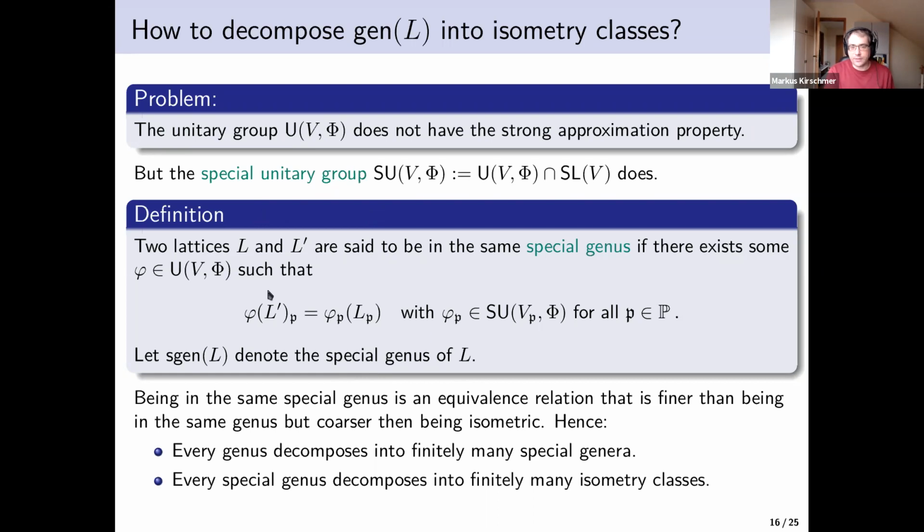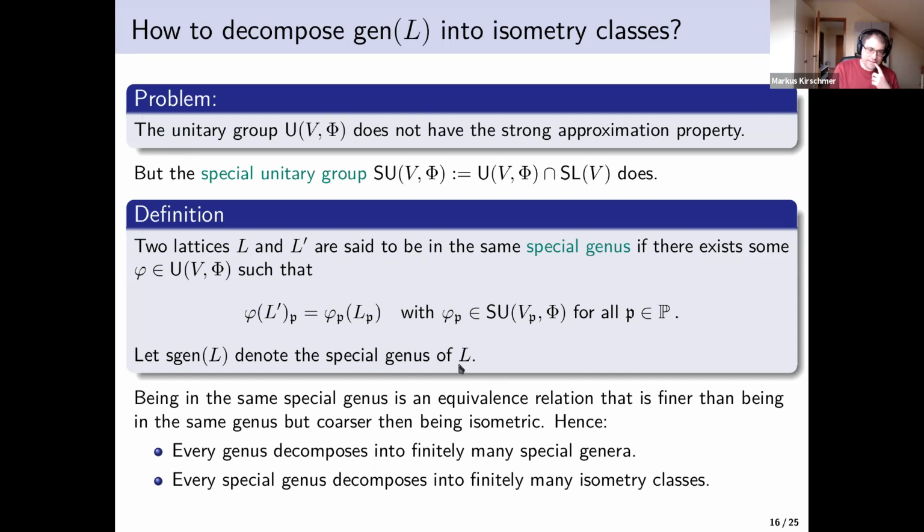And the idea now is, you have the genus, and the genus decomposes into isometry classes, and then there's something in between, which is called the special genus. So two lattices are said to be in the special genus if you find an isometry phi such that phi of L prime, localized at P, is locally isometric to LP, where this local isometry has determinant 1.